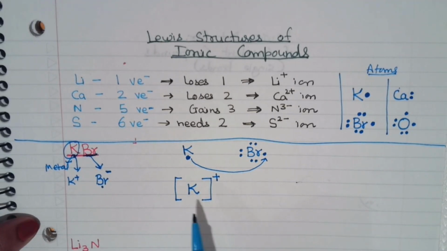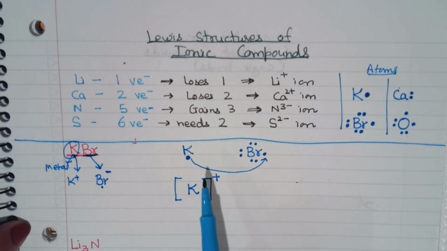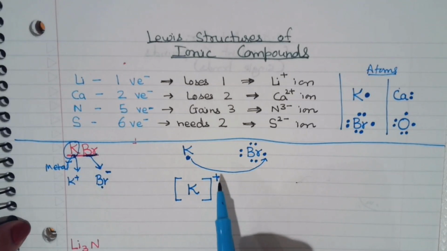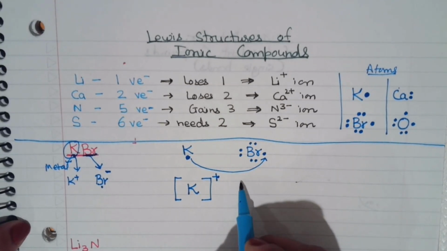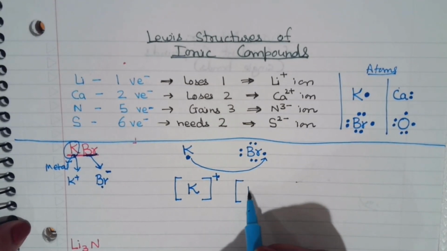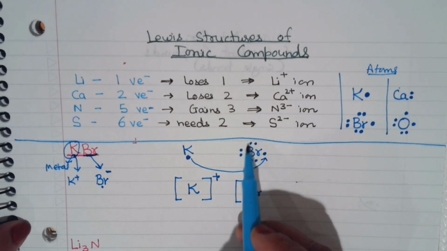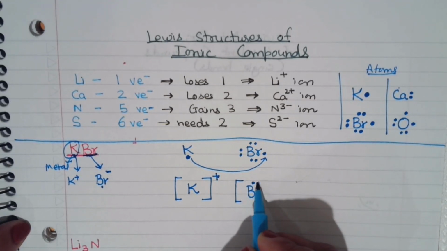This is the convention for how we write ions. The symbol and the valence electrons are always written in square brackets, not parentheses, and then the charge goes on top. Now let's look at the bromine atom. Bromine had 7 valence electrons of its own.